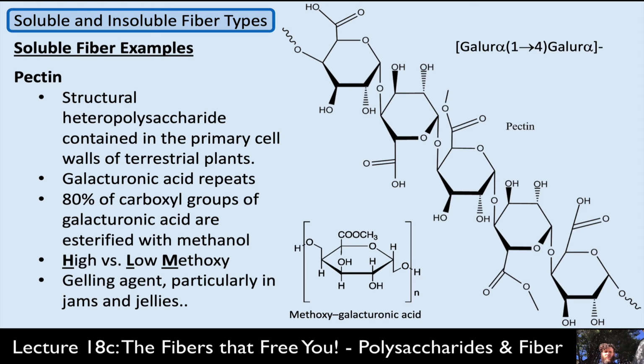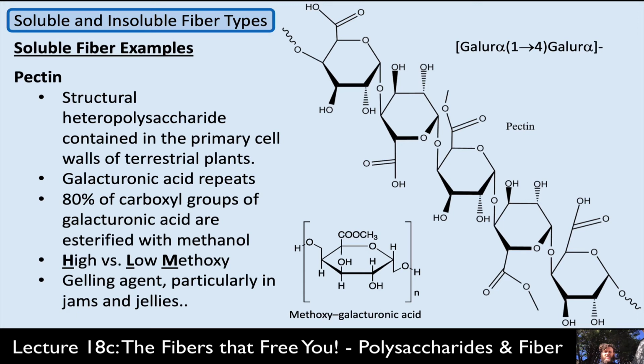Here is some more soluble fiber. This one's called pectin. It's different than amylopectin. Pectin is galacturonic acid, methoxygalacturonic acid, that is in an alpha-1,4 linkage with itself, a long chain of this. So the body is not really metabolizing this stuff.